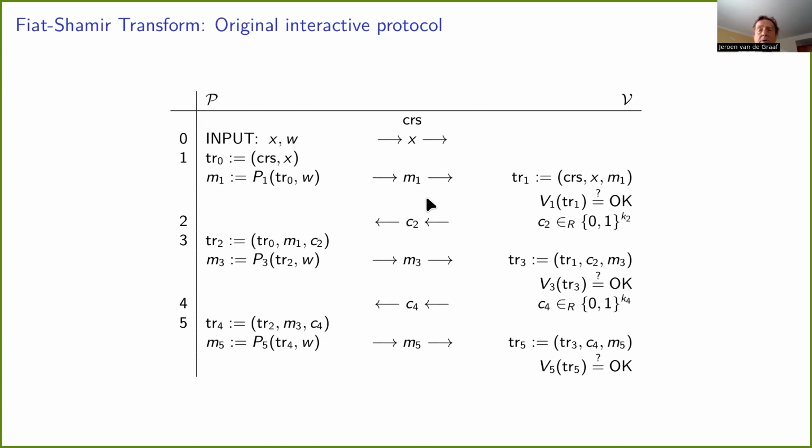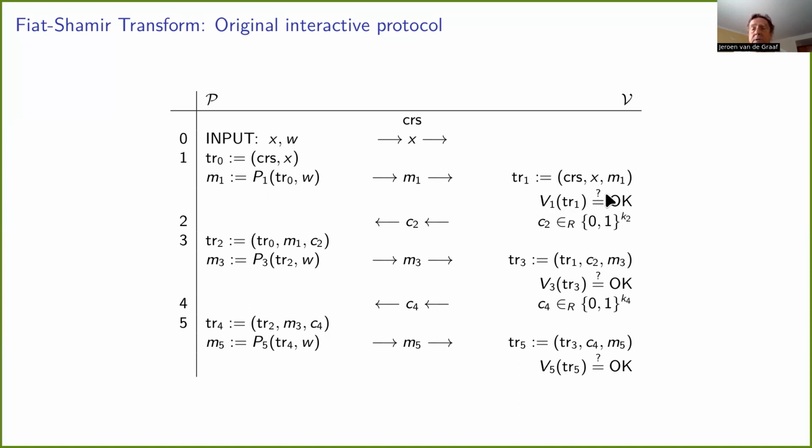If you look, for instance, here at the first step of the verifier, V1, V1 uses as its input all the messages that it has seen before. I call this the transcript. It's the transcript of the common reference string, the statement X, and message 1. And so as a function of these inputs, the verifier is going to decide to accept or reject.